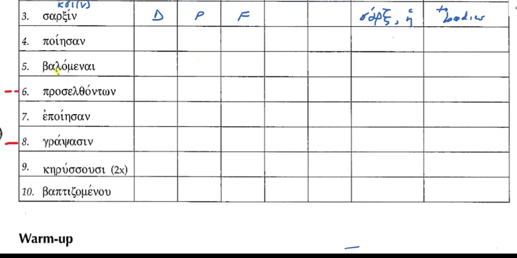All right. So what are we looking at here with poiesan? That does look like a sigma alpha, doesn't it? So that would make this first aorist, active or middle, participle, or could this be an indicative? No. There's no augment over here, right? No augment, so this can't be indicative.